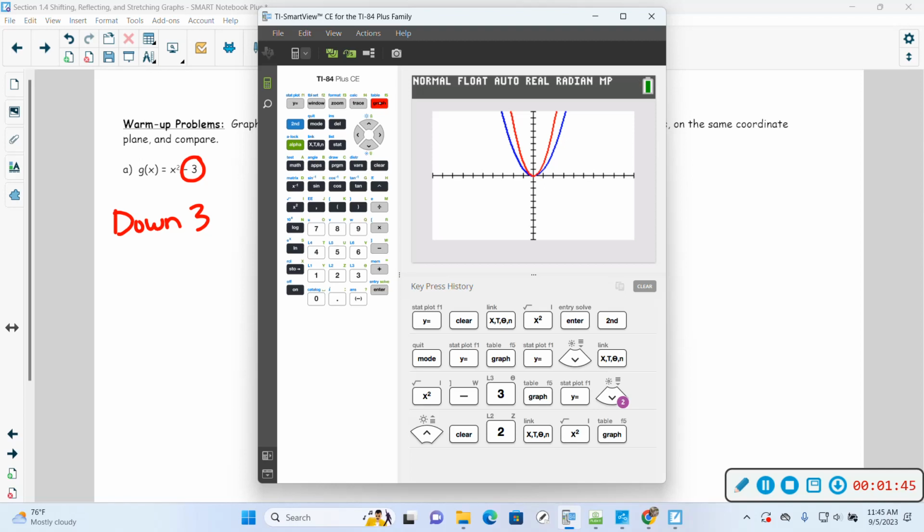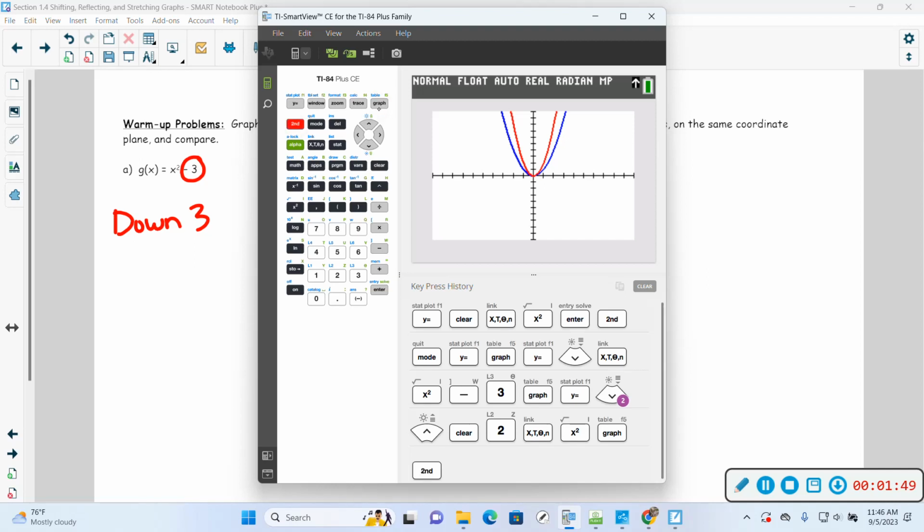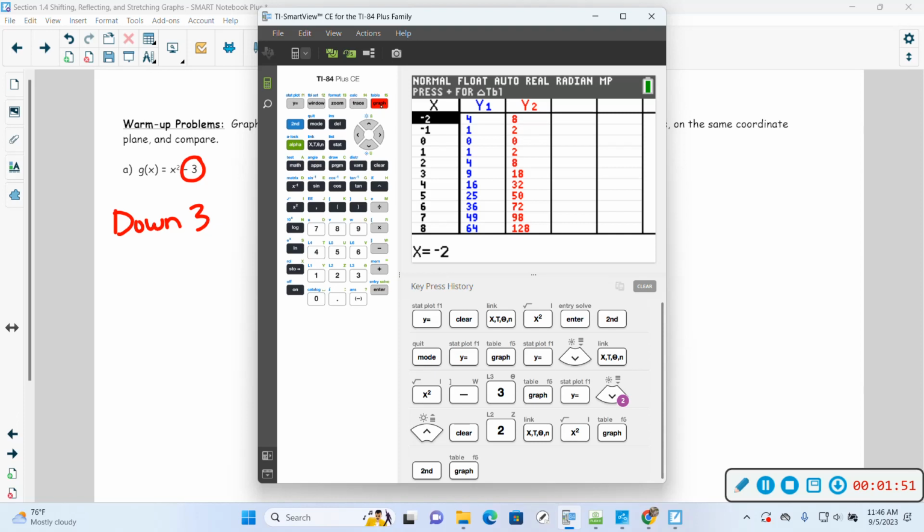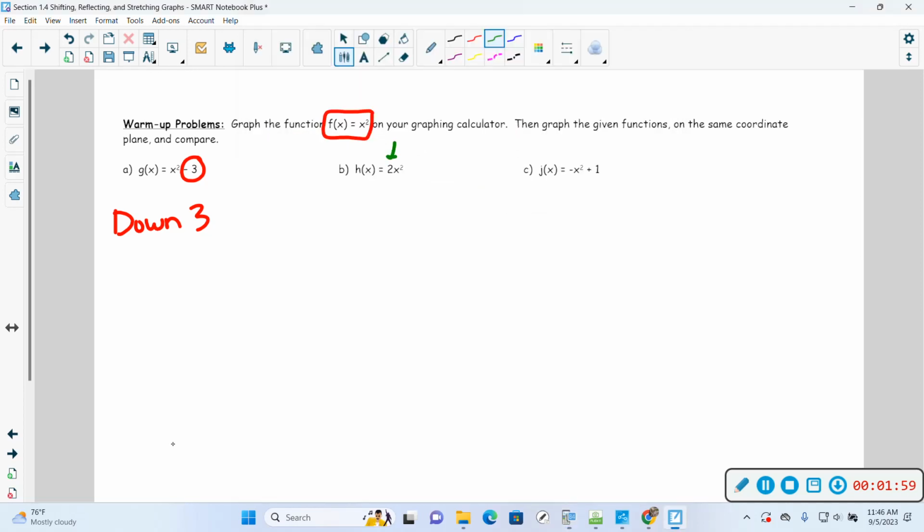It's inside the blue. If you look at the T-chart at those y coordinates, the red y coordinates are all doubled. That is what we call a vertical stretch. Vertical stretch by 2.